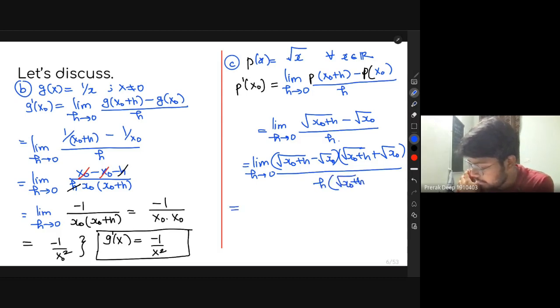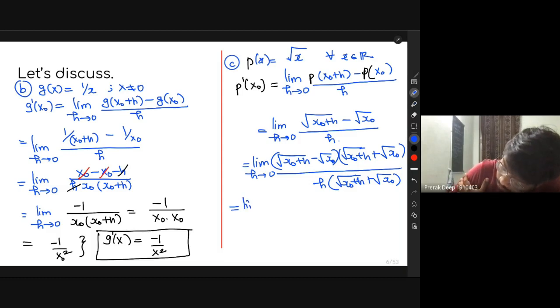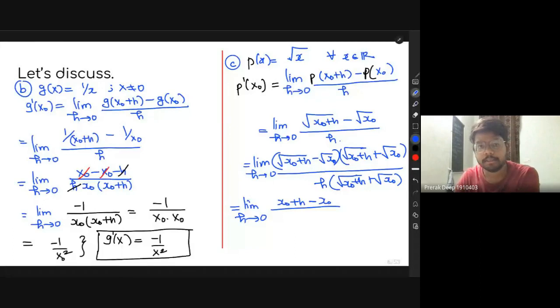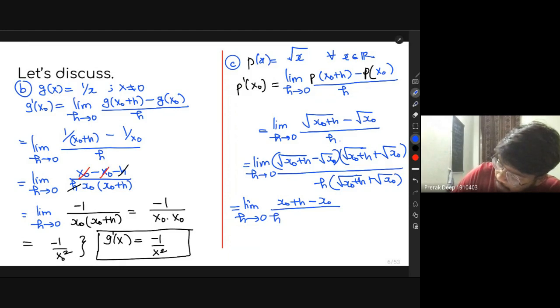The same factor in the denominator is not going to be problematic because we have the plus sign. So as I multiply, I get x naught plus h minus x naught, because a minus b times a plus b is equal to a square minus b square. Here a square is x naught plus h, and b square is x naught, divided by h times the factor. The denominator we have this.